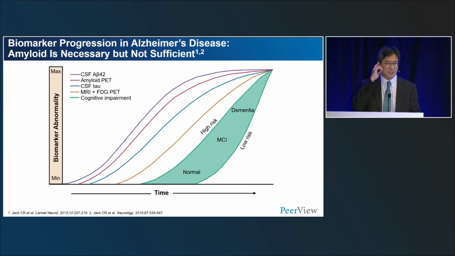It becomes positive so early it can predate symptoms by a decade or more. So the fact that you have amyloid does not mean that you have Alzheimer's disease. It doesn't even mean that you would get Alzheimer's disease within your lifetime. But you need it to have the diagnosis of Alzheimer's disease. It is the characteristic proteinopathy.